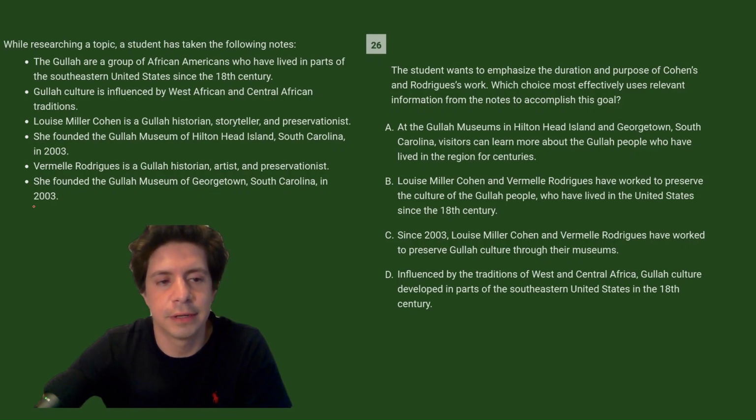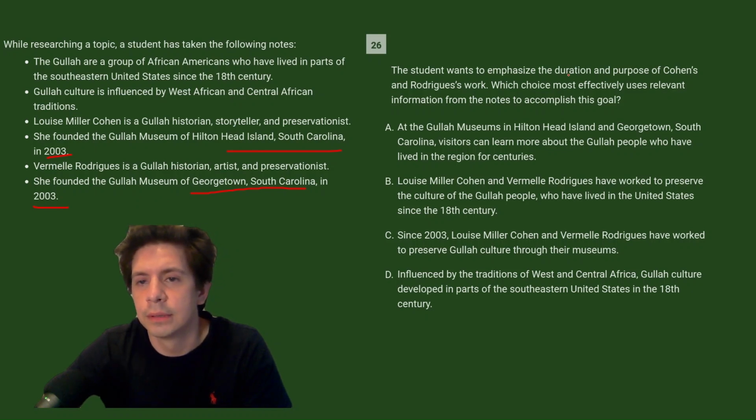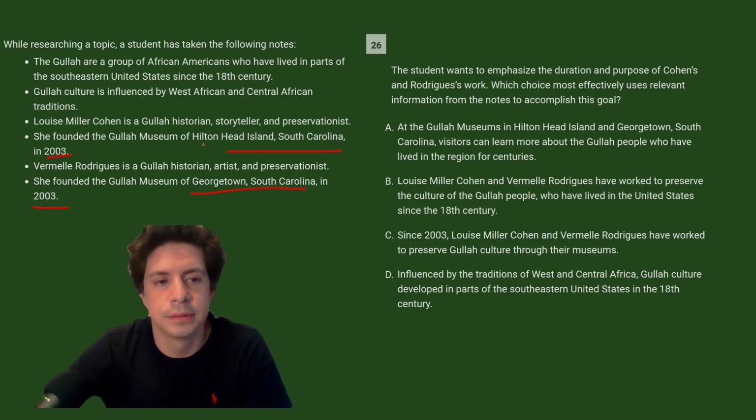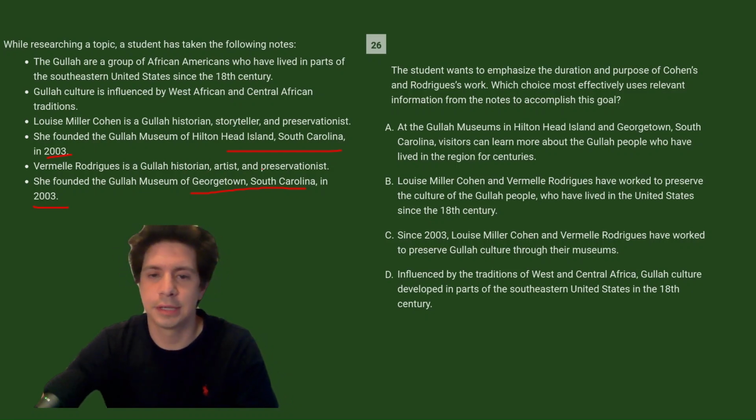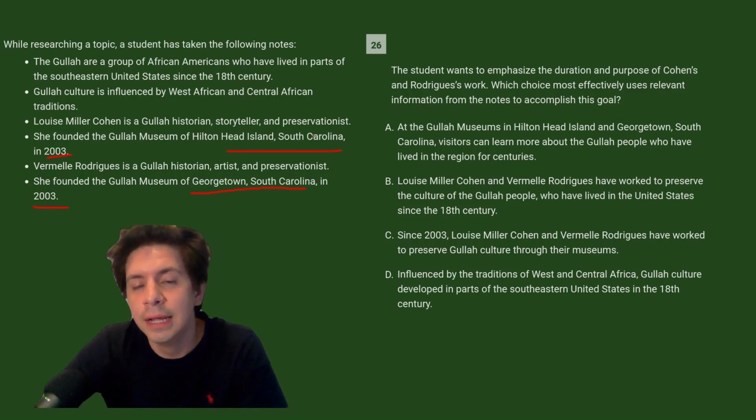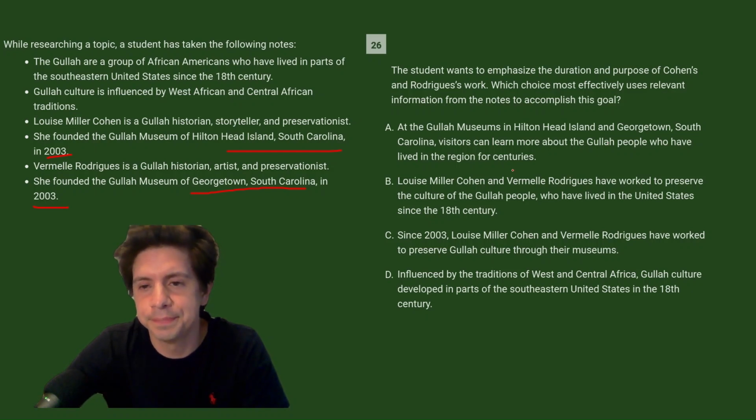So see, they both founded it in 2003. One's the Museum of Georgetown and one's in Hilton Head Island, okay? The duration and the purpose. So they're both historians and preservationists. One's a storyteller and an artist, okay? Those are very similar. At the Gullah Museums in Hilton Head Island and Georgetown, South Carolina, visitors can learn more about the Gullah people who have lived in the region for centuries, okay?